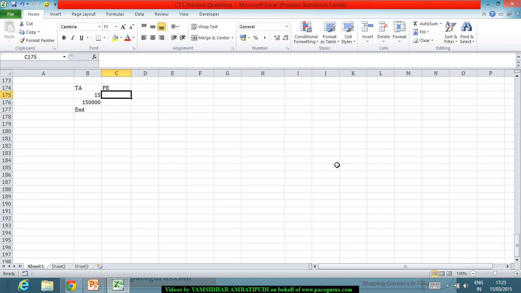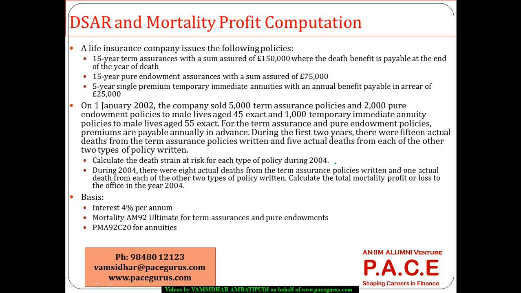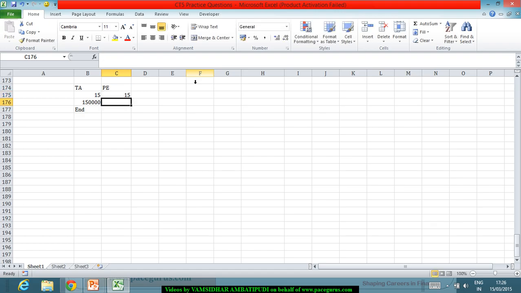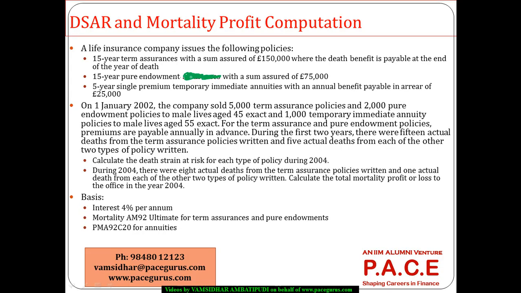This is not endowment assurance, it's only a pure endowment, with a 15-year maturity and a sum assured of 75,000 paid if the life stays up to the end of 15 years.